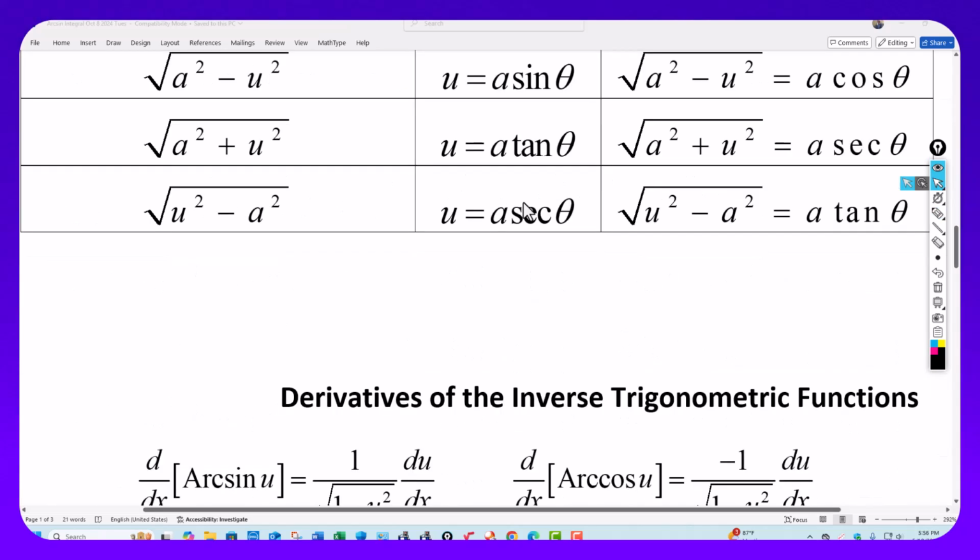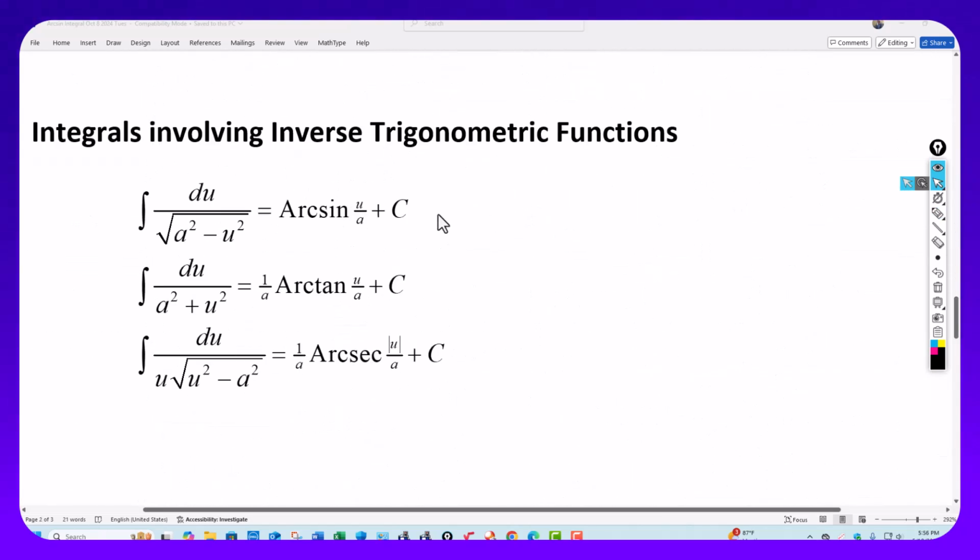And again, a quick look at the formulas. These are the ones. So far, we've used the first formula here twice. If you can get it in the form du over the square root of a squared minus u squared, then you get the answer directly from there. Arc sine, whatever you made this u, if this was just an x, then that's going to be x over whatever a is, plus the constant of integration.